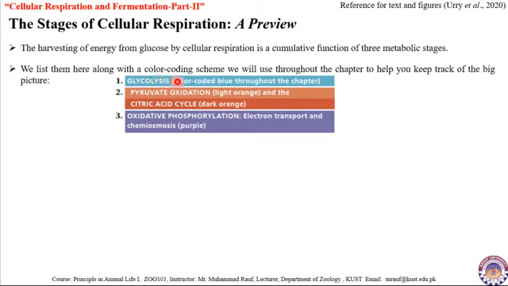So the end product of glycolysis, which is pyruvate, is converted into acetyl coenzyme A through link reaction.